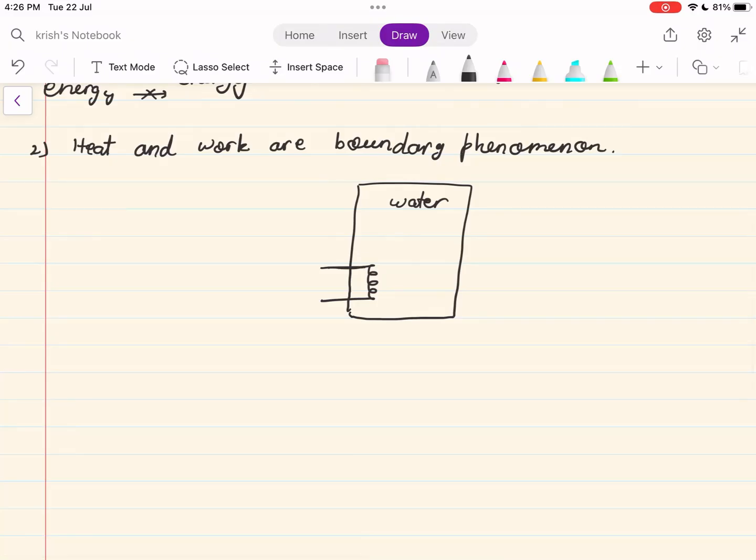So now you are supplying electrical energy to the heater and the heater is dissipating heat inside the water. So, what is the heat work done by the heater? The answer is zero if you take this as your boundary.